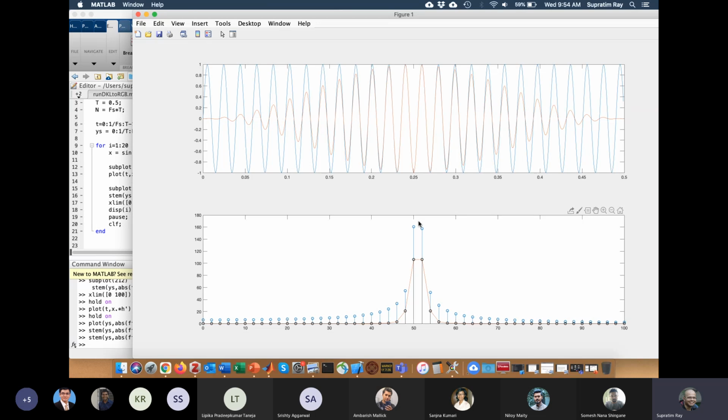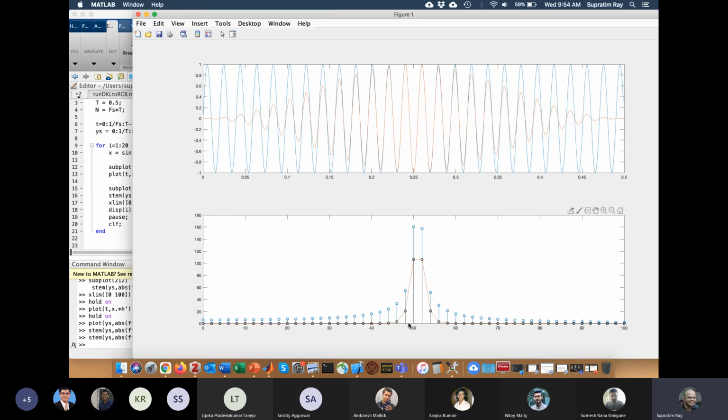If you had the luxury of looking at this signal for an infinitely long duration, which means you would have an infinitely dense packing of frequencies, then your frequency resolution is essentially zero.